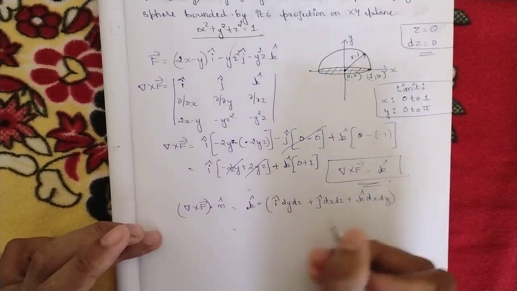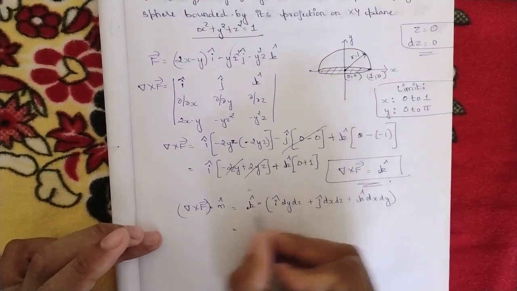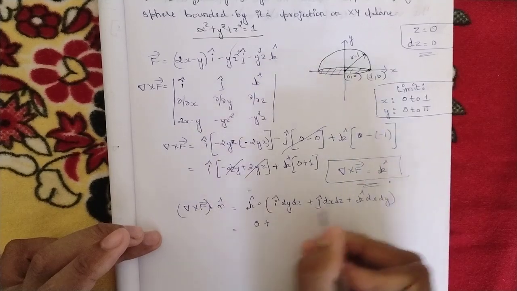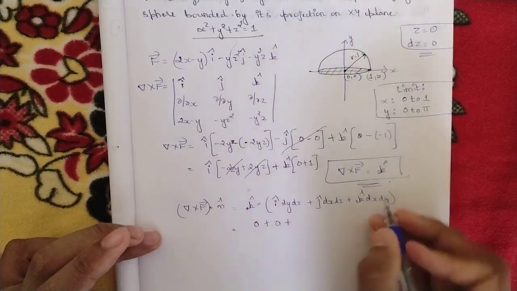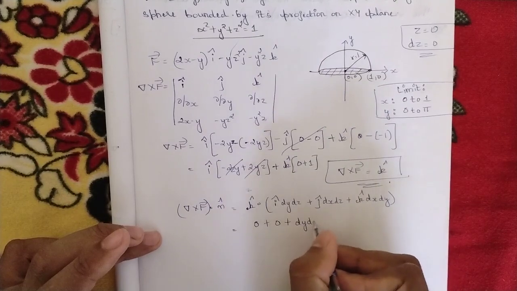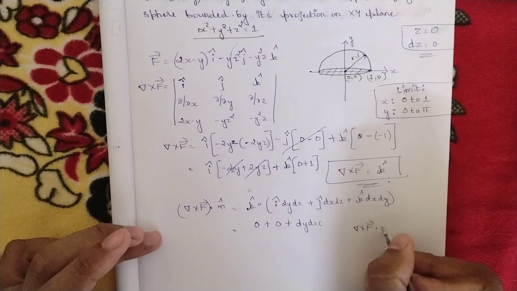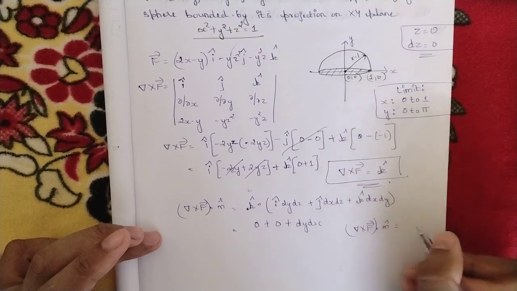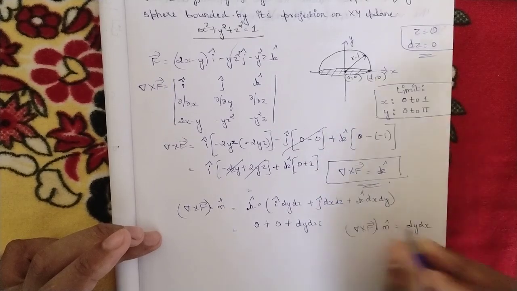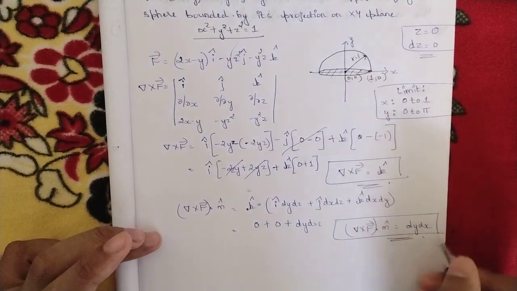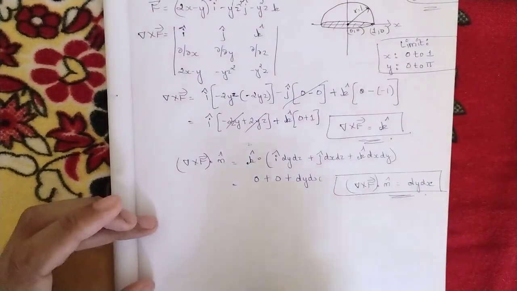So I will solve it. What will we be getting? This into this is 0 plus 0 plus dy dx. So we will be getting del cross f dot n cap is equal to dy dx. Right? So this we should be integrating now.